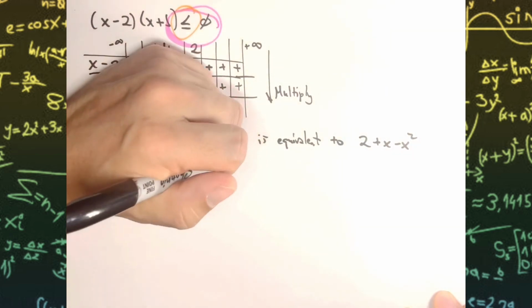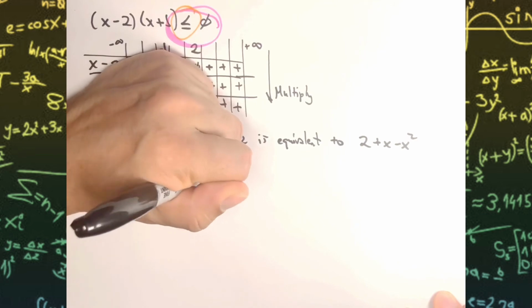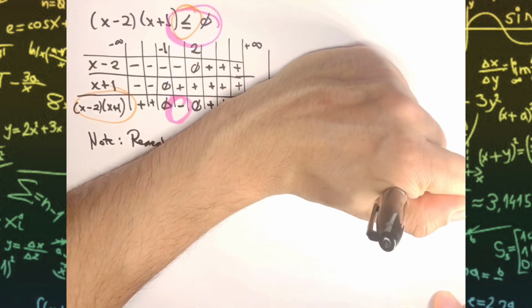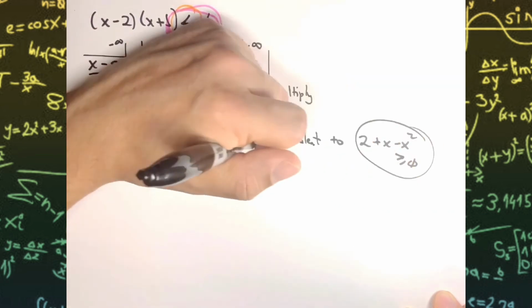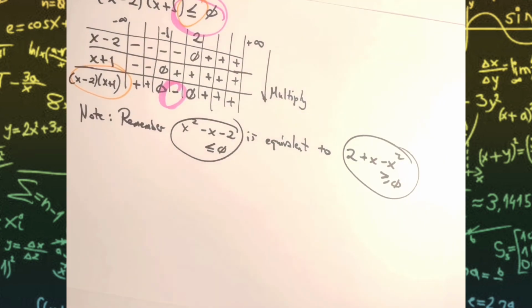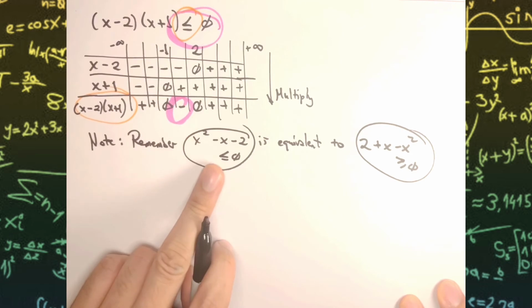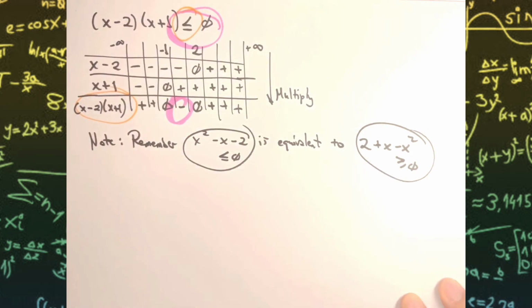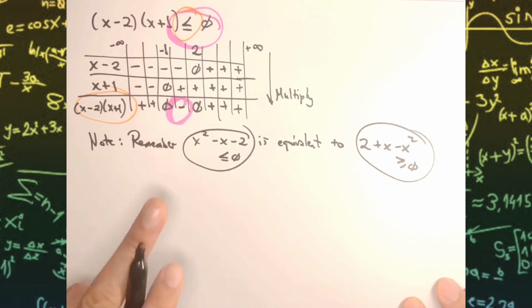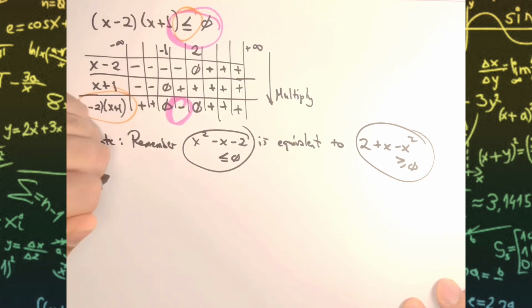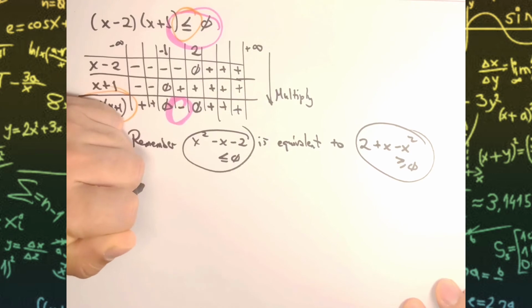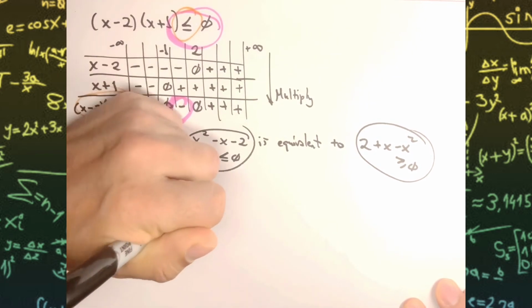So x squared minus x minus 2 is equivalent to 2 plus x minus x squared, which was the original equation. Okay? This one on the left side being negative is the same thing as this one on the right side being positive. They are equivalent, as we did before. So keep that in mind. That's why we're choosing the negative solution in this case.